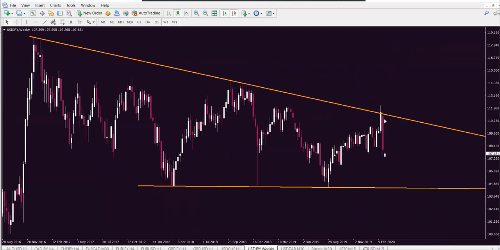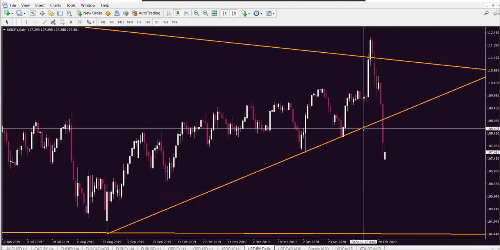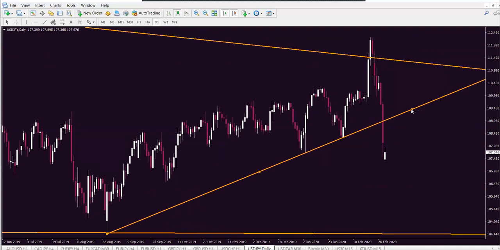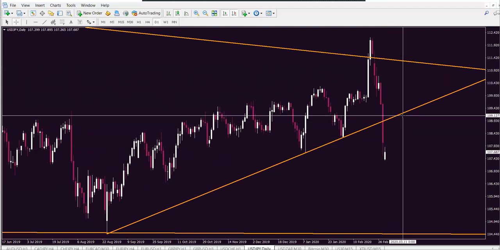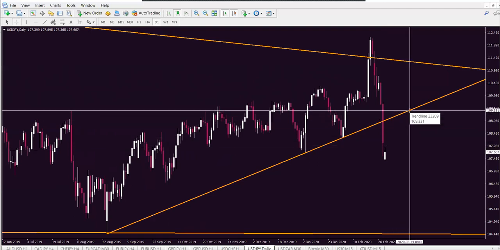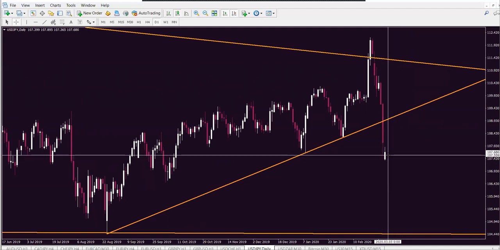you see some resistance right here. So I would definitely buy if price breaks above this point. So take a closer look. Price broke the bullish trend line right here, so we could see price heading to the back of this trend line, but I'm not interested in buys at this point, because to me the market is bearish, sorry.